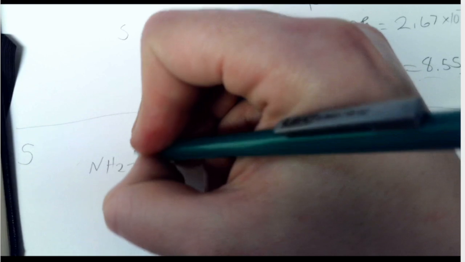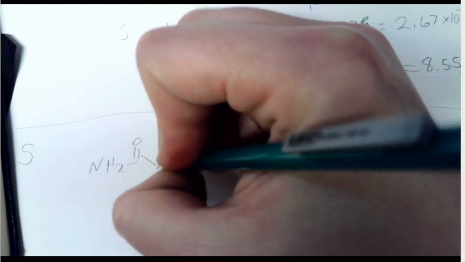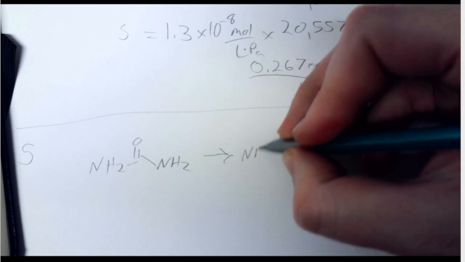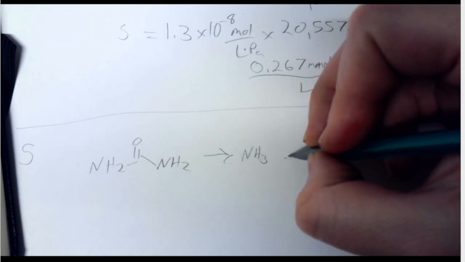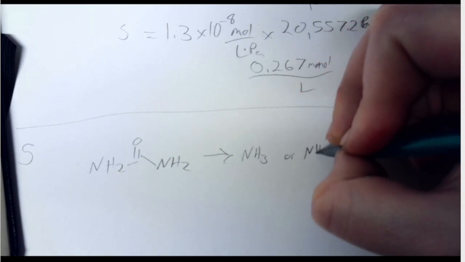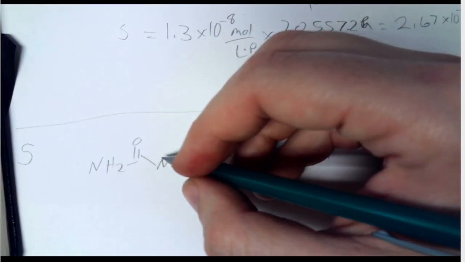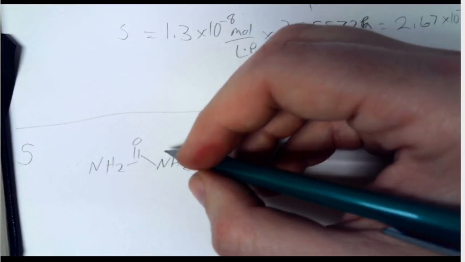So, for example, urea, which looks like this, can easily be converted into ammonia or ammonium. Various proteins can be converted.